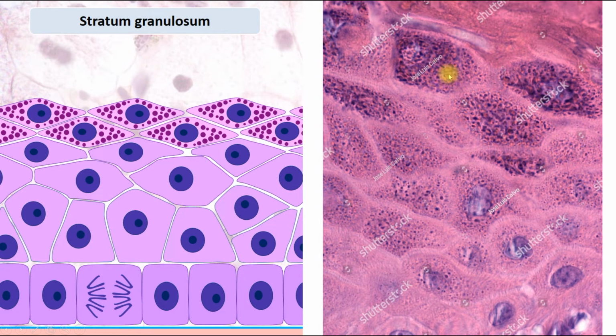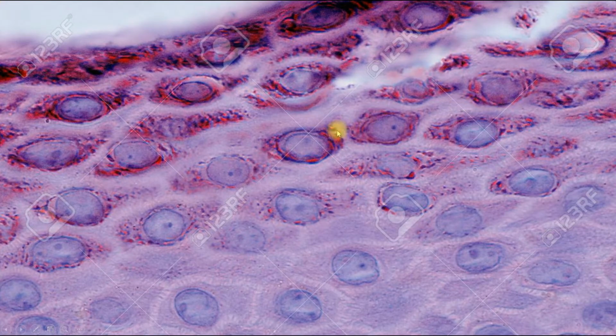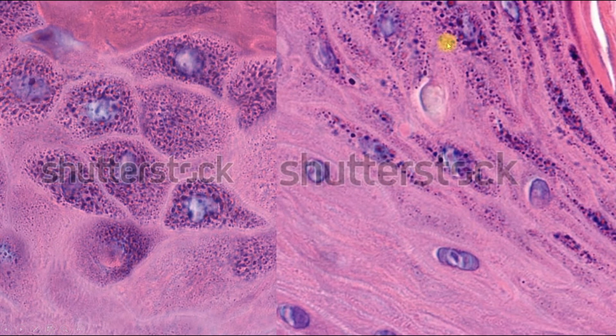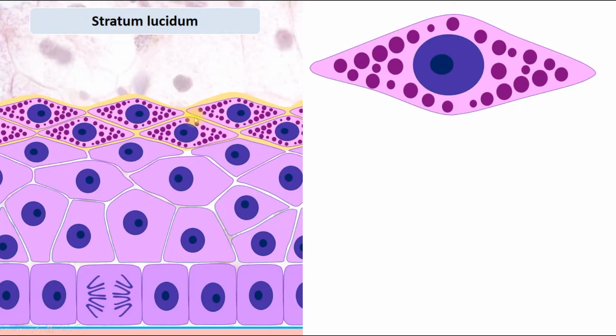And here we can see cells of stratum granulosum, and the number of granules gradually increases, and it's bigger in the superficial cells of stratum granulosum. And here we can see granules inside the cells, granules of keratohyalin.